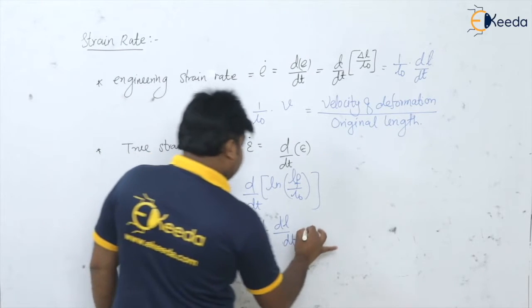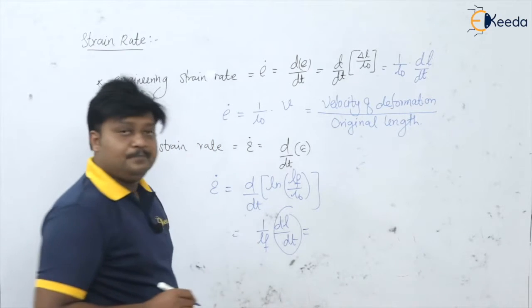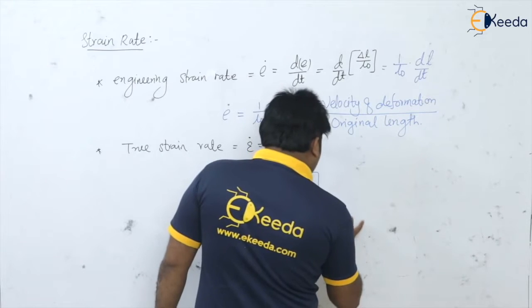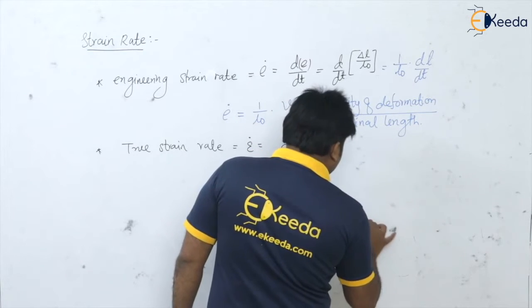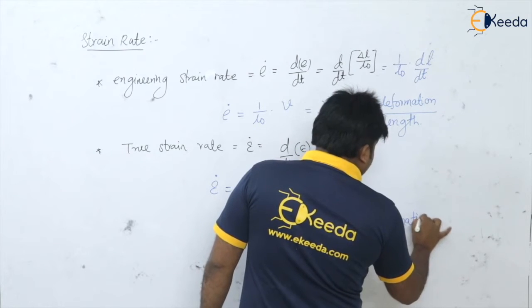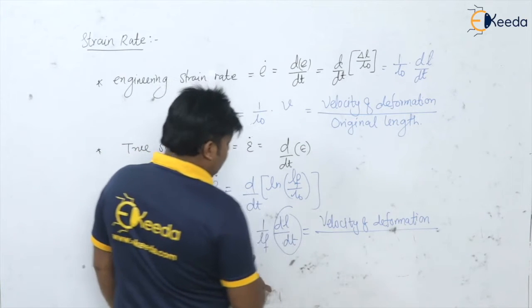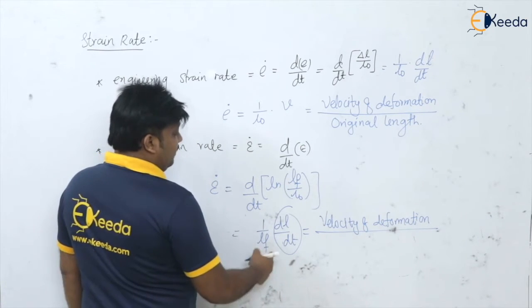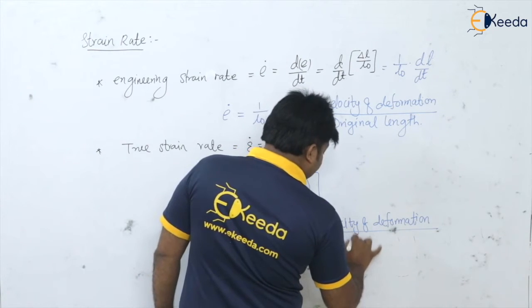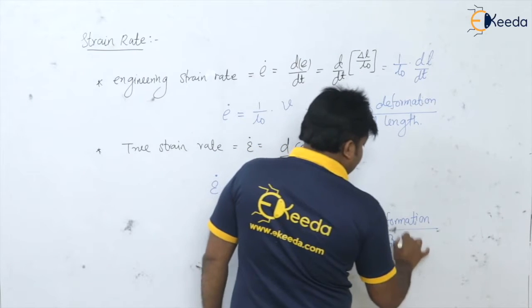Again dL by dt is nothing but change in length per unit time, that is the velocity of deformation, divided by LF, the final or instantaneous length.